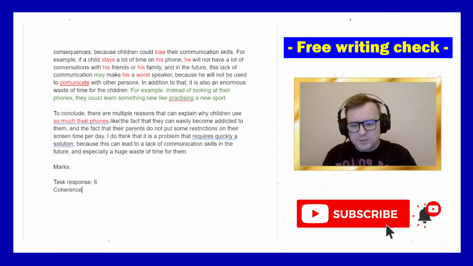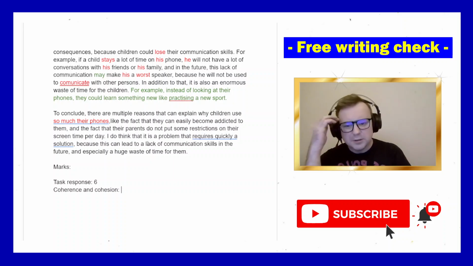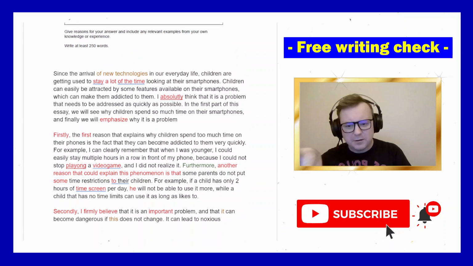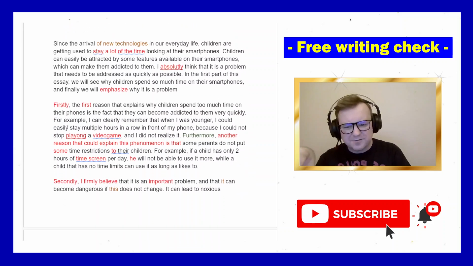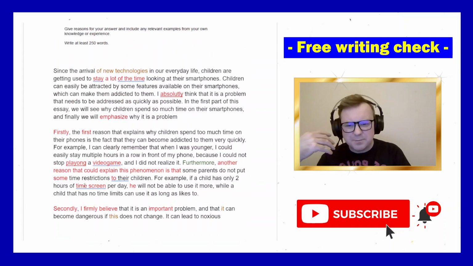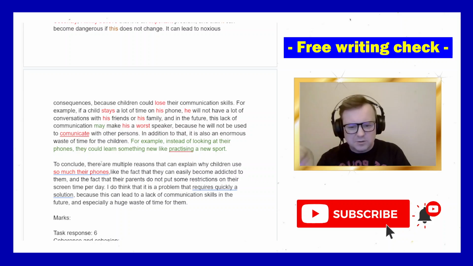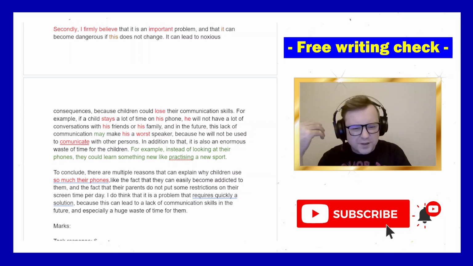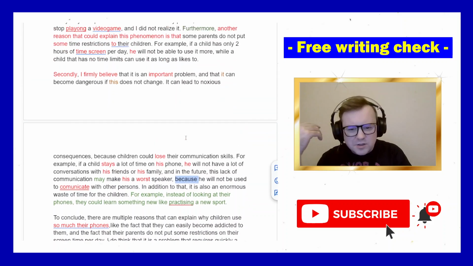Okay, coherence and cohesion. So there is some slightly weird. Paragraphing is fine, right? The paragraphing is good, but I don't like this firstly, secondly. I find that's an odd way to set this up. To conclude is fine. We get some for examples. We get a lot of "the fact that" to link clauses together, a little bit of overuse of that. We get some basic markers like because, fine.